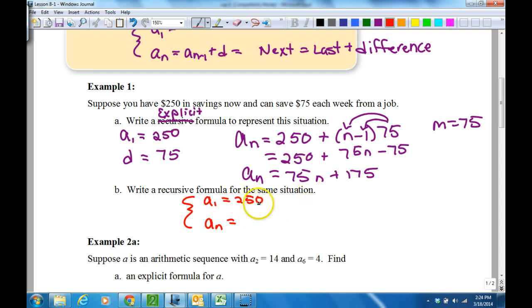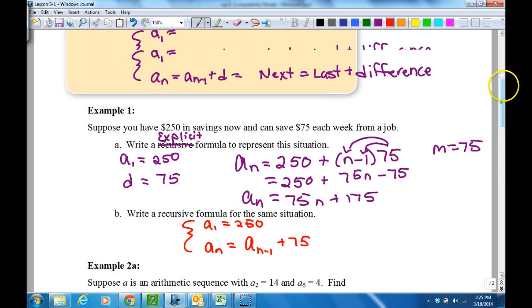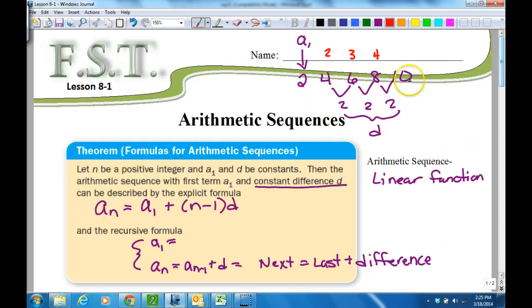Well, actually, this time it's going to say a sub n equals a sub n minus 1 plus 75. Because you're going to always look at the last one in the sequence that's on the page. So, like, if you go back up here, the last one I have listed is 10. So what would be my next one? 12, because I'd take my last, add 2 for my next. So that's a recursive formula.